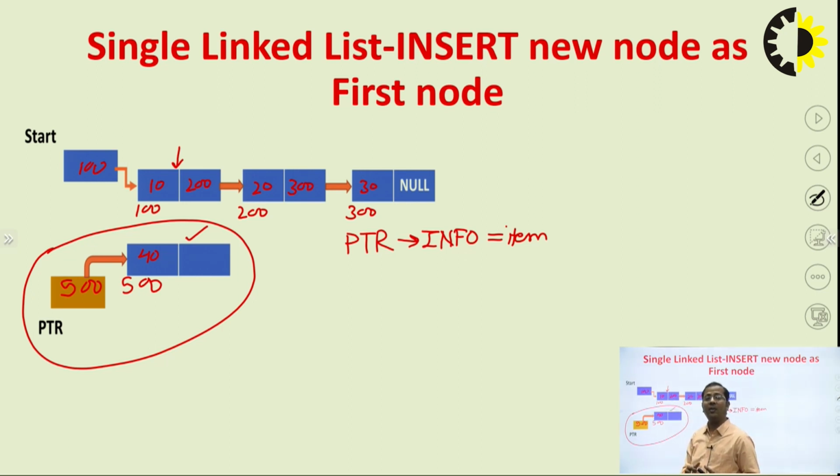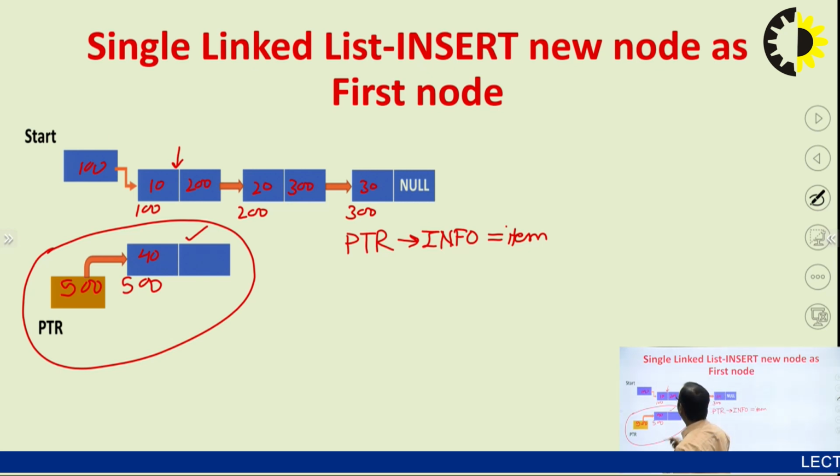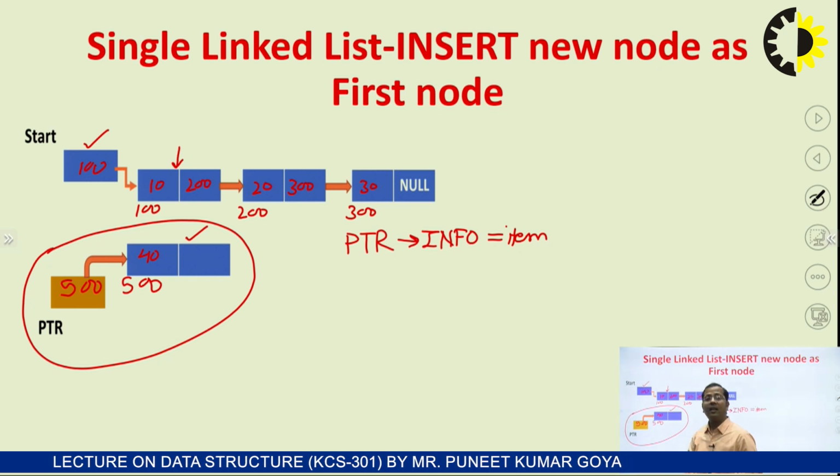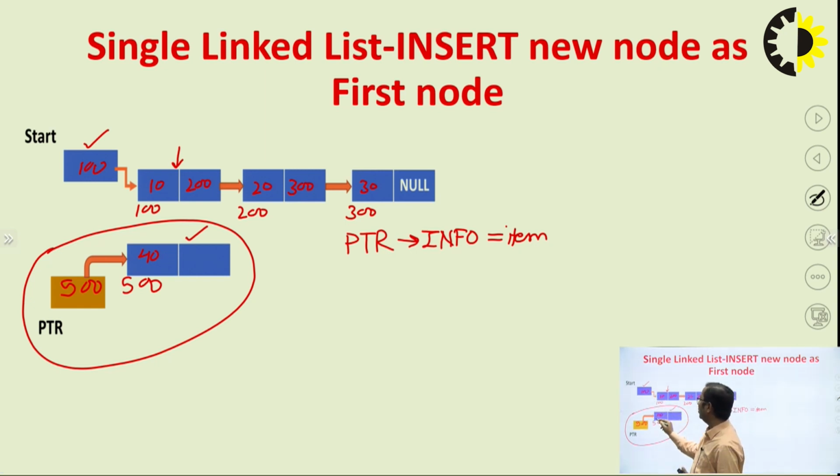The address in the start pointer will also change, because now start will point to the newly inserted node. So we have to change the start pointer and the address field of the new node.